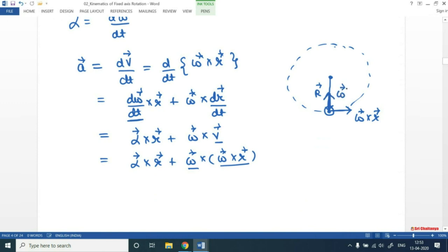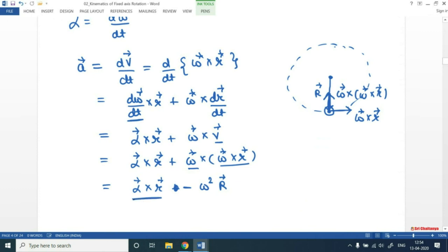Omega cross v would be a vector pointing towards the axis of rotation over here. So in other words, we can write this as alpha cross r, and this will simply become, with a negative sign here, omega square r vector.